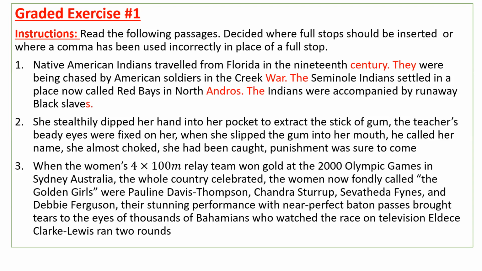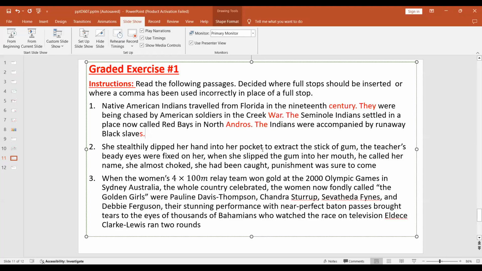Anyone want to try? Place a period where the first comma is. Very good. So, she dipped her hand into her pocket to extract the stick of gum, period. Then capitalize the T. Very good.